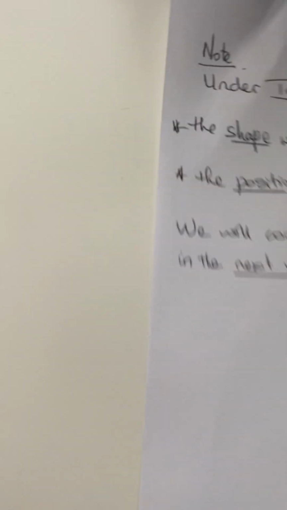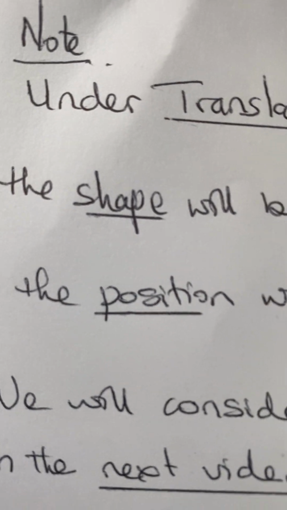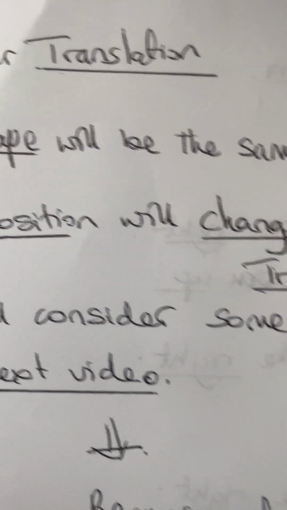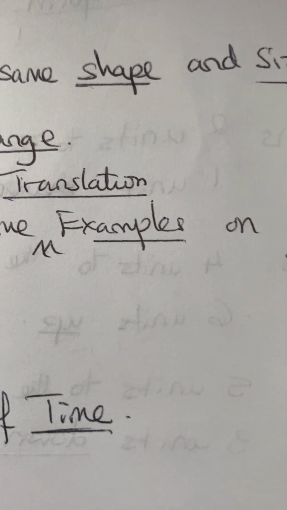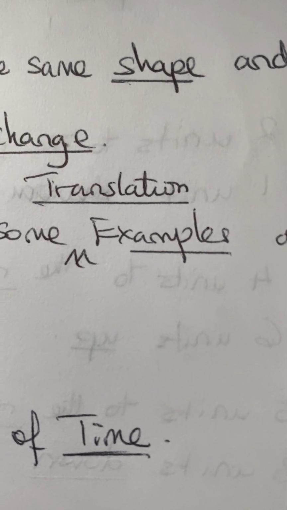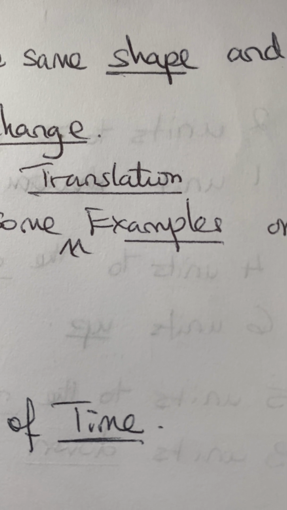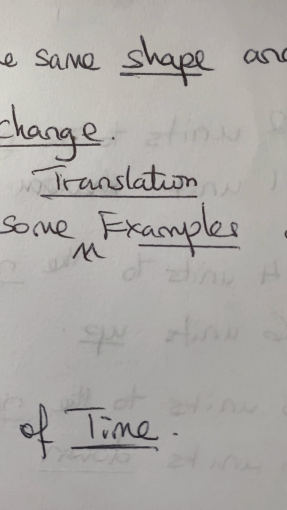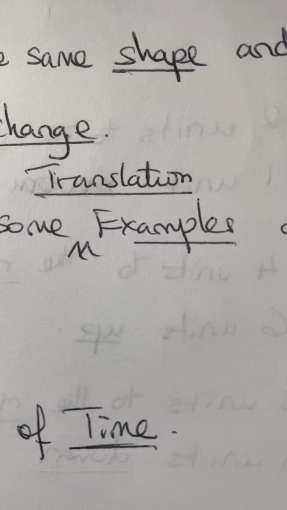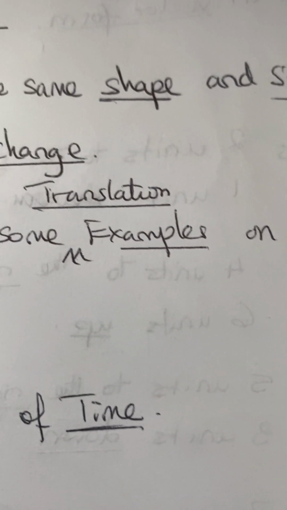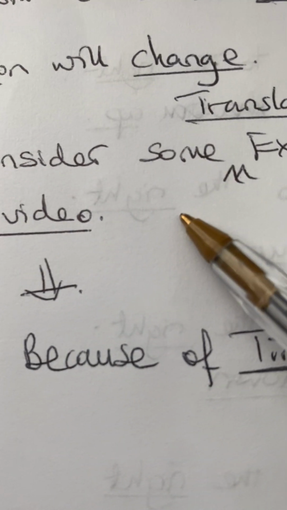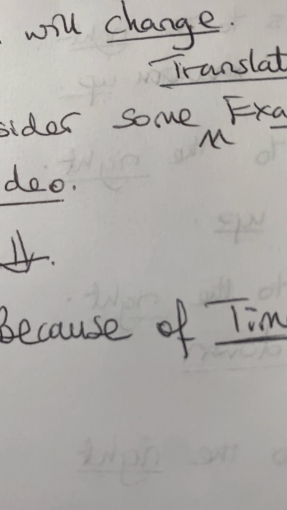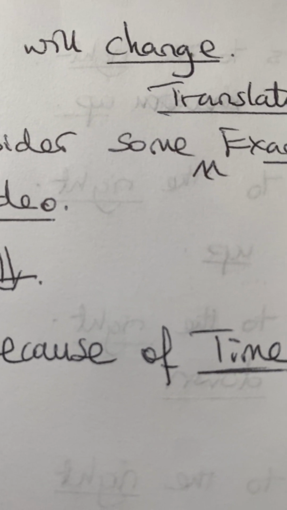Now, under translation, the shape will remain the same and the same size, unlike enlargement. The position will change because you are going to use a vector.